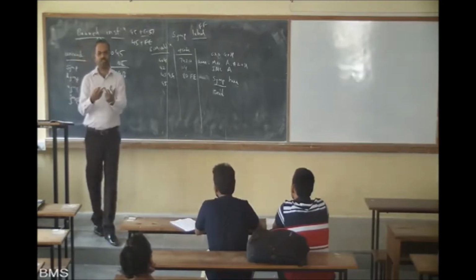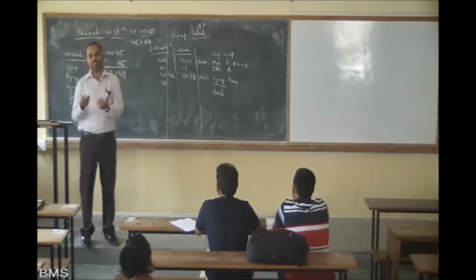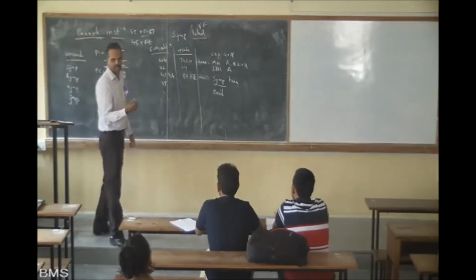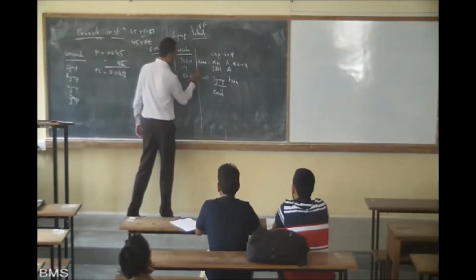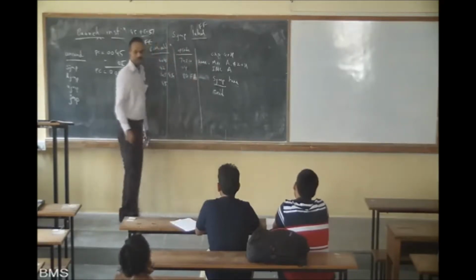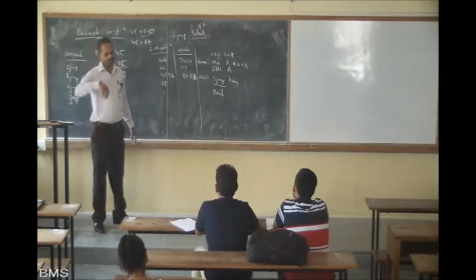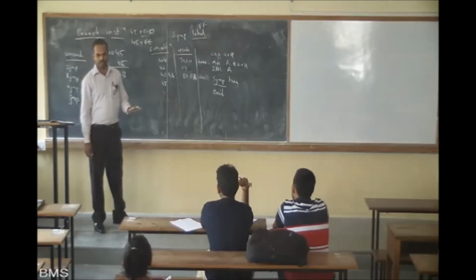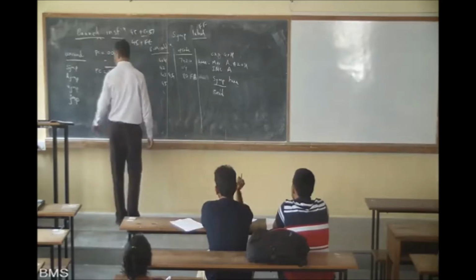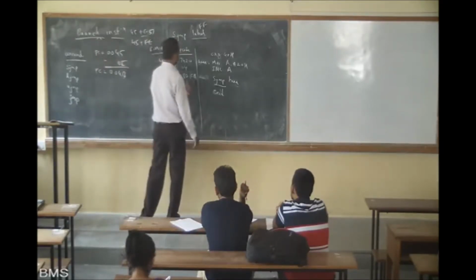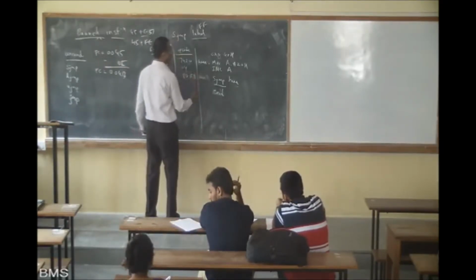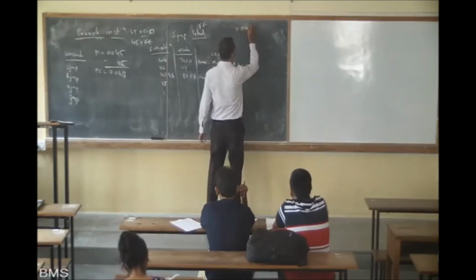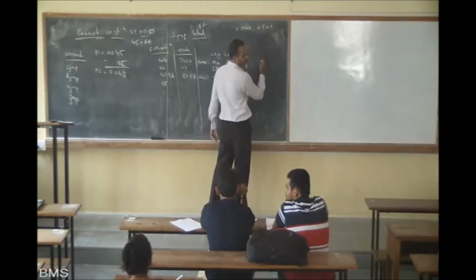FE, FD, FC, then FB, next FA. So it has to be FA. Minus 5, this has to be. Correct, right? FB. 00000101 is 5.